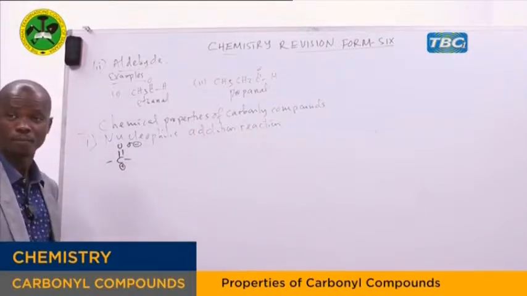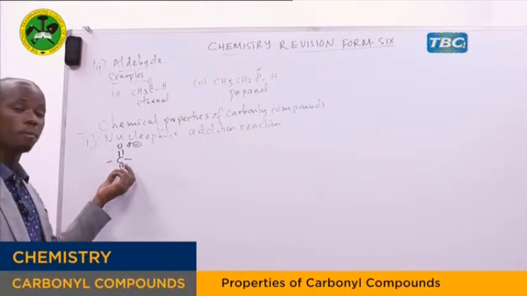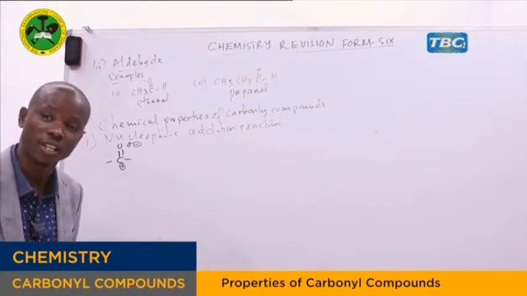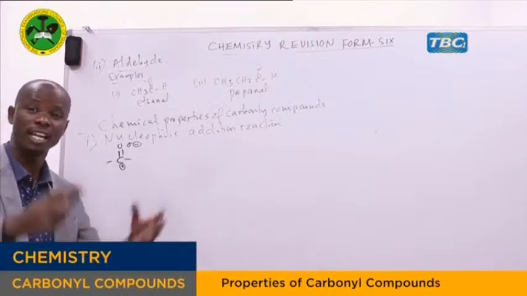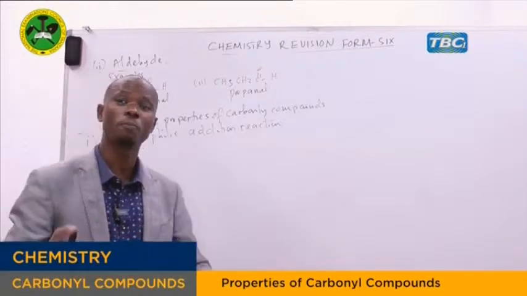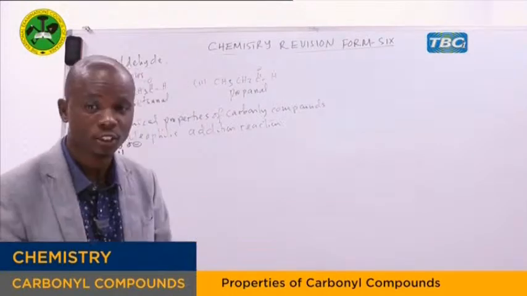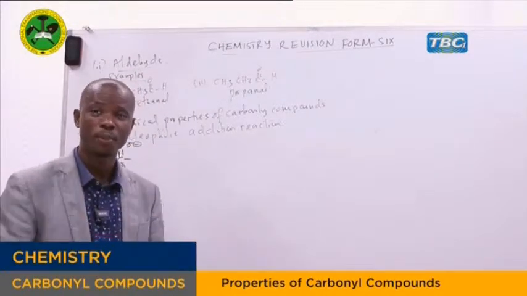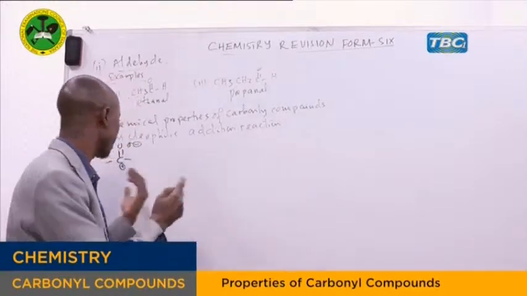So you can see there. Now, because this carbon becomes positively polarized, that means this is electrophilic. Electrophile. All positively charged species are electrophiles. That means they have a deficiency of electrons. Therefore, they need a pair of electrons to stabilize them.